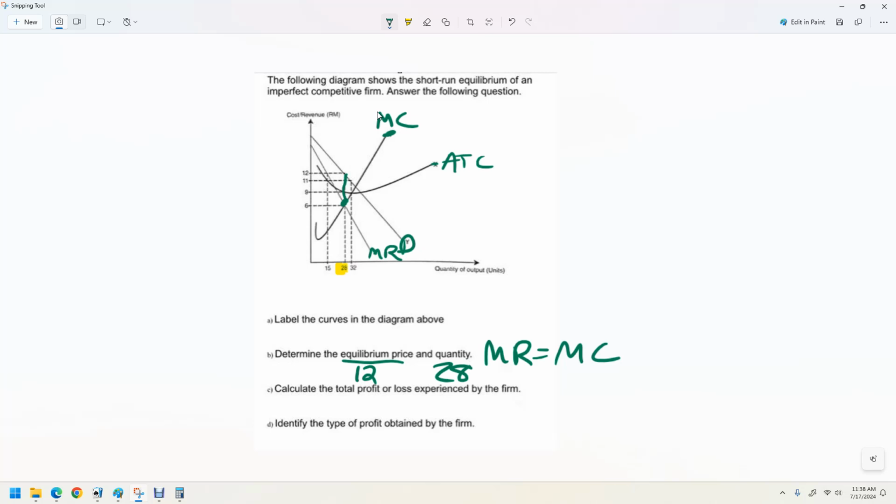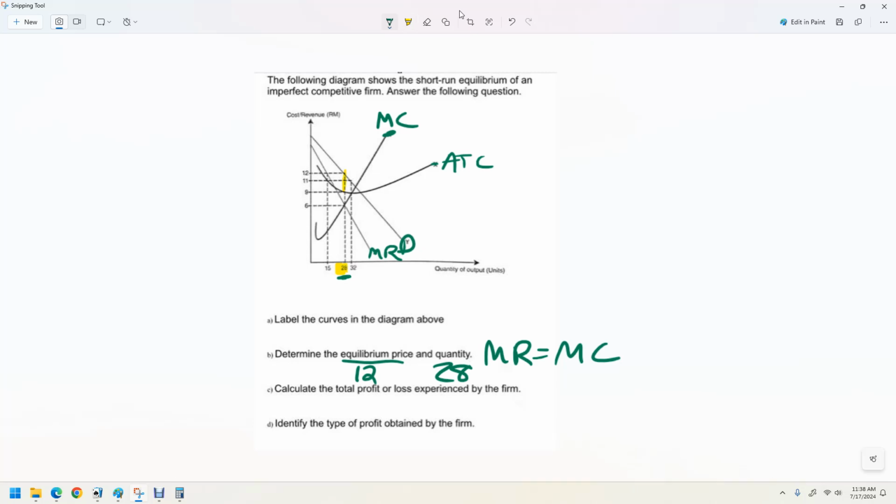Now it wants to know the total profit or loss experienced by the firm. Since the price is higher than the average total cost, they are making a profit. What we're really looking for is the difference between our price and our cost, over how many units.